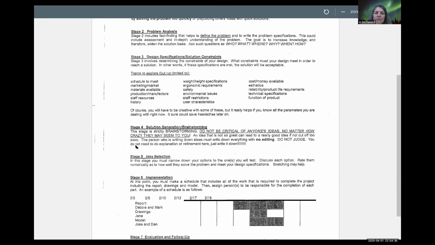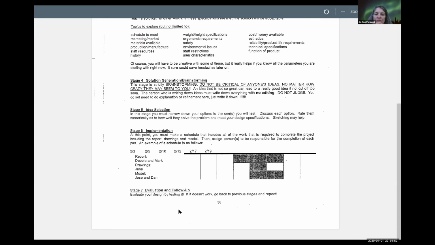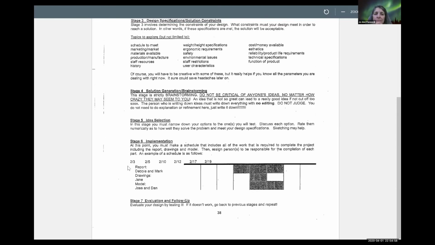So stage 5 is when you're looking at all the brainstorming ideas and rating them according to how well they meet the analysis and the design specs. And then after stage 5 is when you do implementation and you make a schedule, and then you evaluate it, which means testing it. And then you might go back many times to different stages.